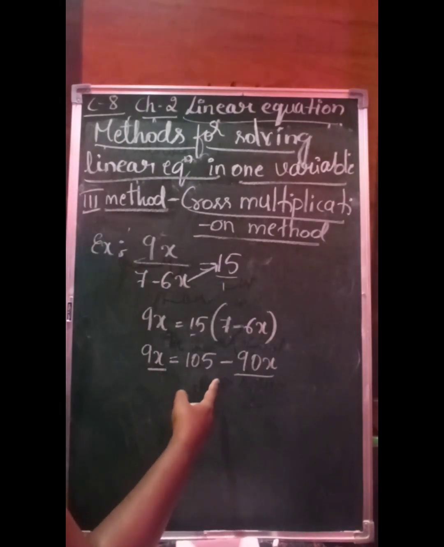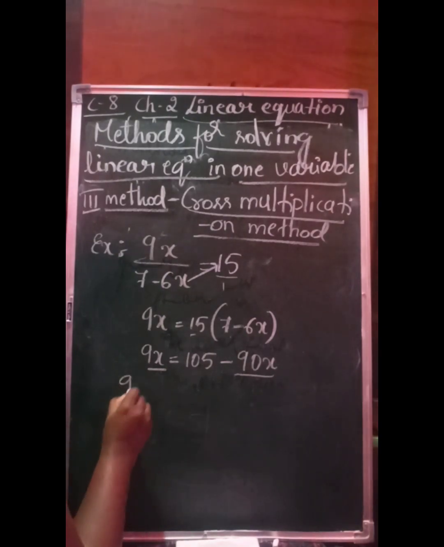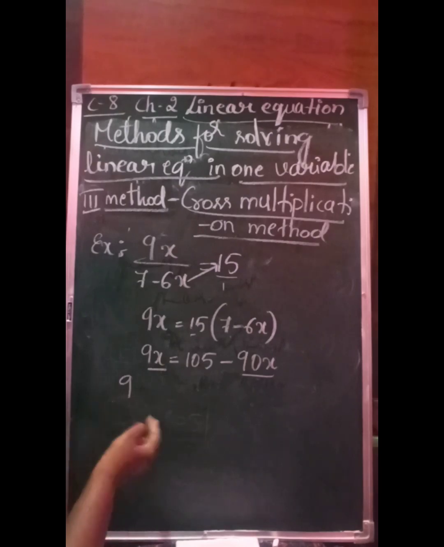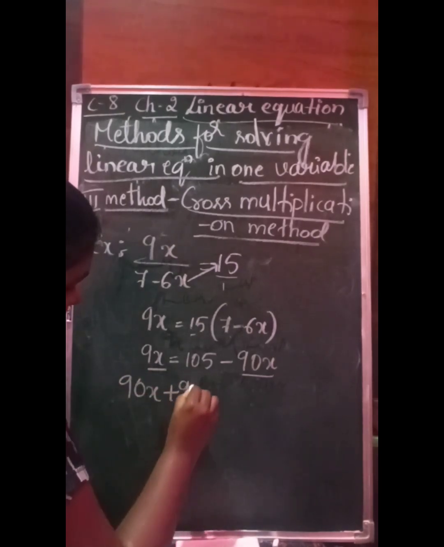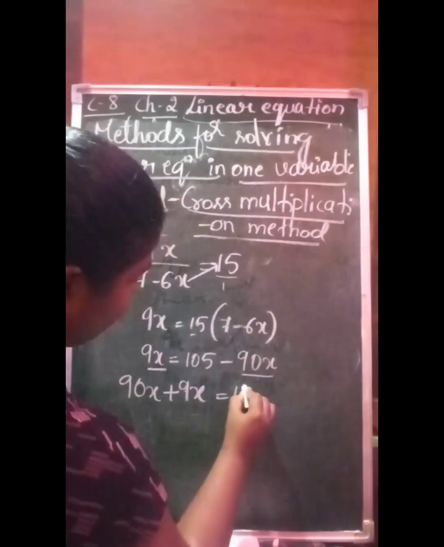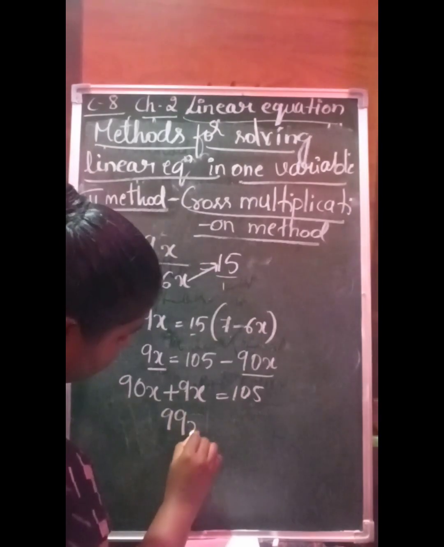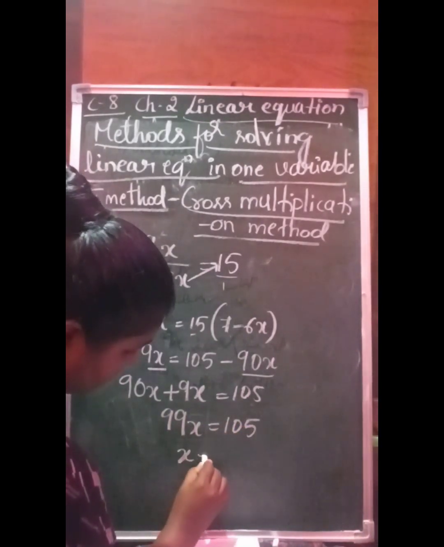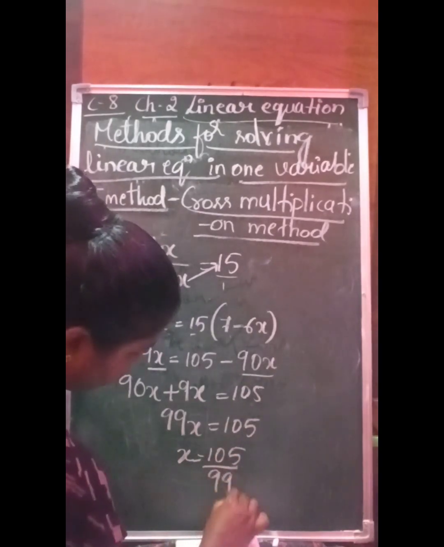Better to send this minus 90x to the left hand side. Minus 90x, when it comes to the left hand side, will become plus 90x. So here 9x plus 90x equals 105. When you add these two, you get 99x equals 105. So x equals 105 divided by 99.